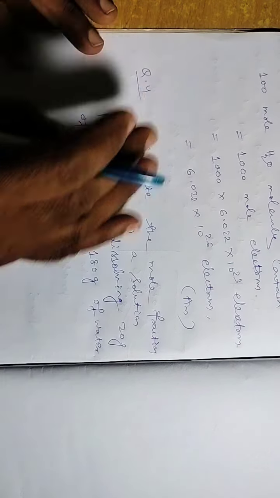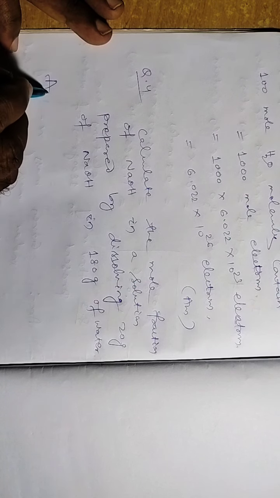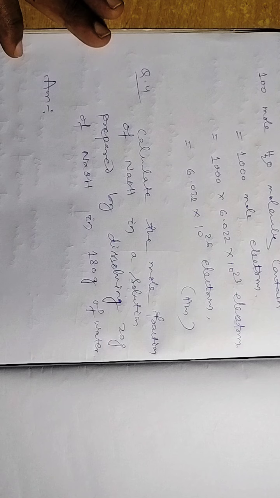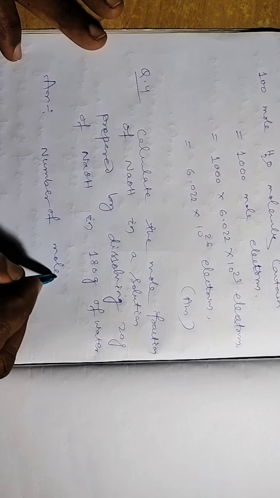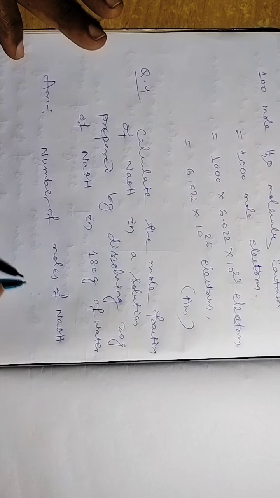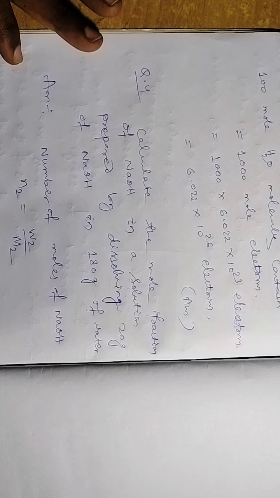So here the solute is sodium hydroxide and the solvent is water. First we have to calculate the number of moles of individual components. So the number of moles of sodium hydroxide: n2 = W2/M2. For the solute I am using n2, for the solvent I am using n1.